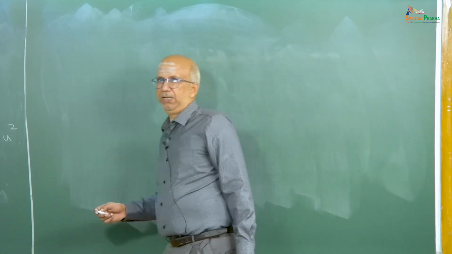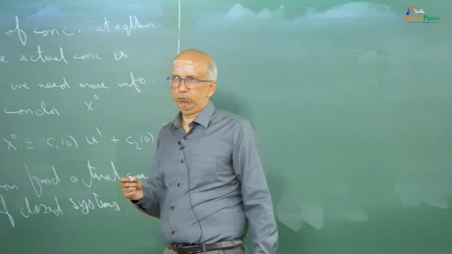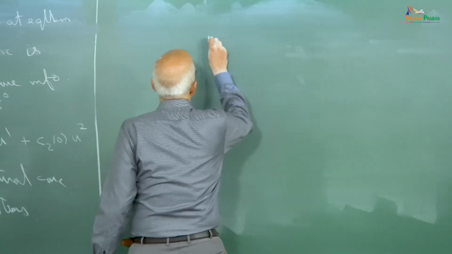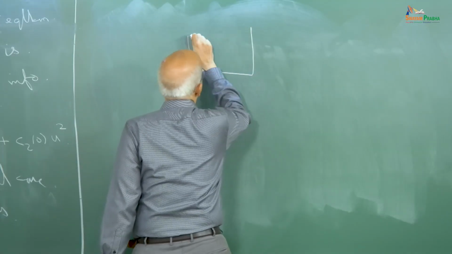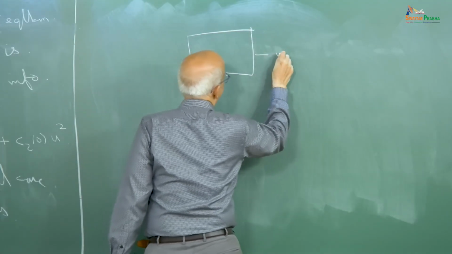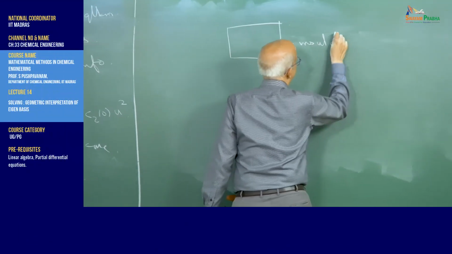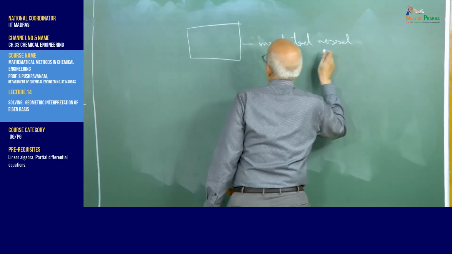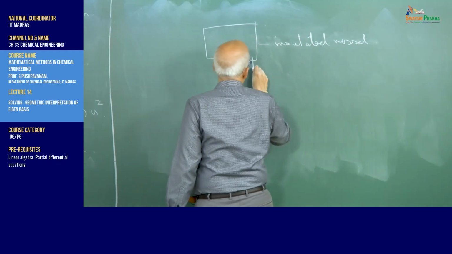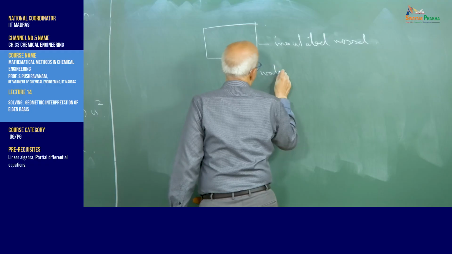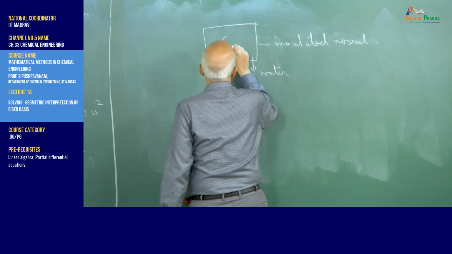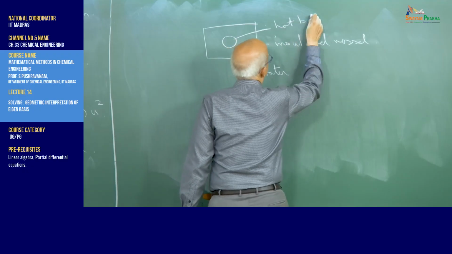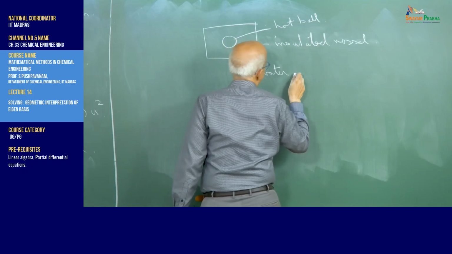So, I will give you just one more example for you to understand that in a different context. Supposing you have an insulated vessel and let us say you have water here, and then you have a hot ball and the water is let us say cold.